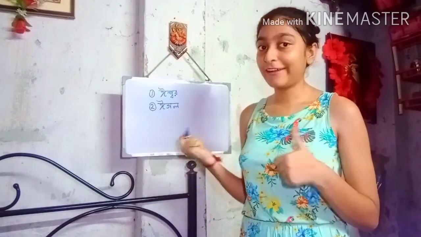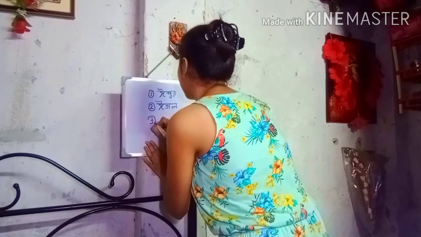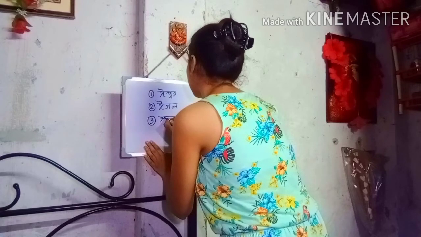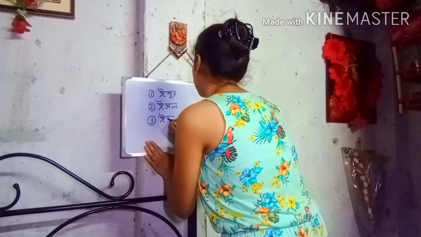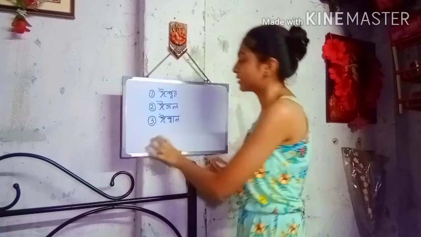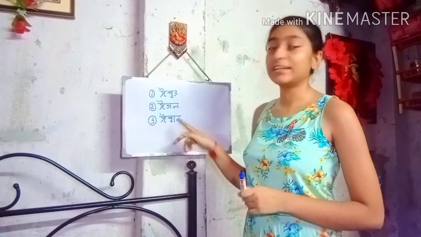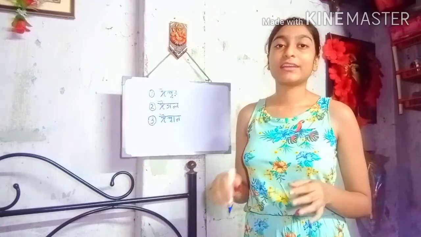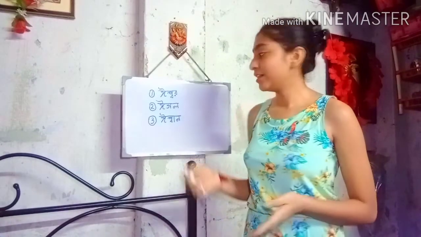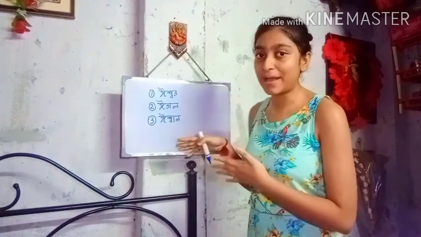Now the third example is Ishan. Ishan means it is basically Lord Shiva. Otherwise it's a name. So here are the 3 examples of Dirghoi.